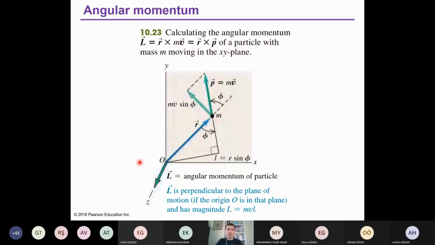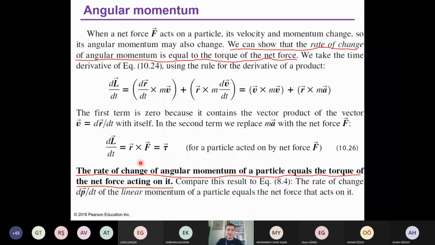So now let me continue with some different conditions in angular momentum. Let's consider that we have a net force acting on the particle, and due to this net force, the particle's velocity and momentum change. Then its angular momentum may also change.